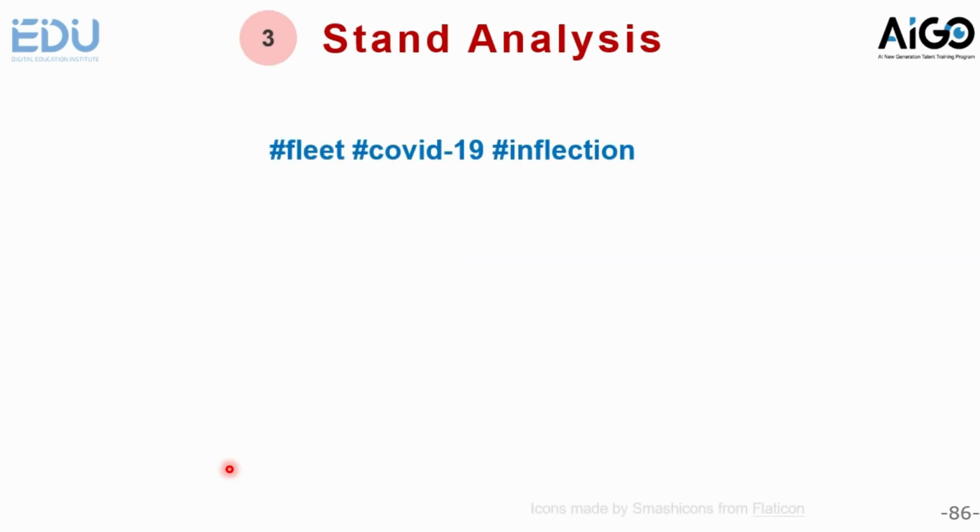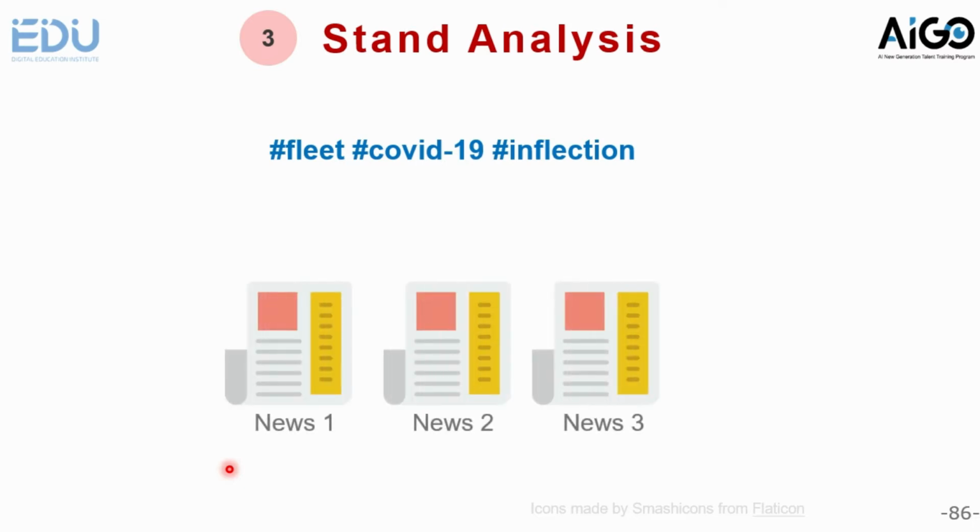And the last procedure is we need to determine, for each news article, what is the standpoint behind the news. So based on this topic, probably these 3 articles describe this event from different angles. We need to decide, oh, is this a positive angle or a negative angle? What's the standpoint for each news article?